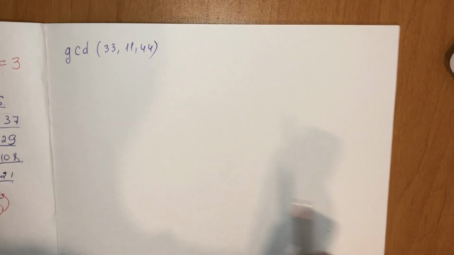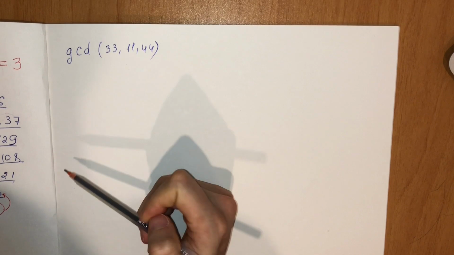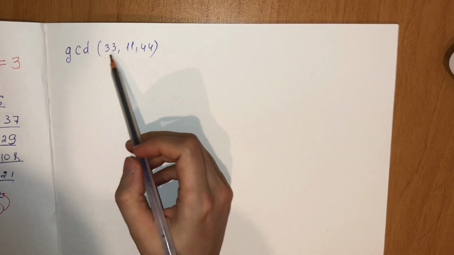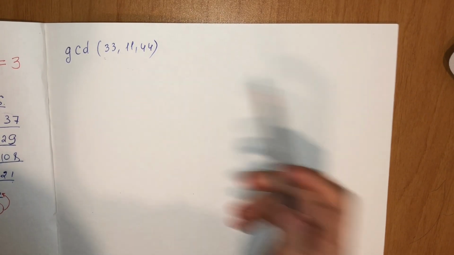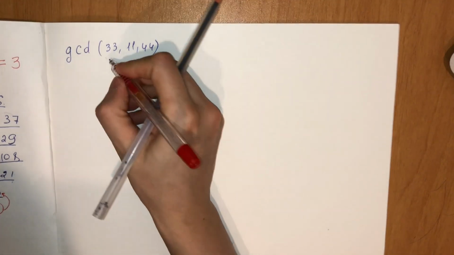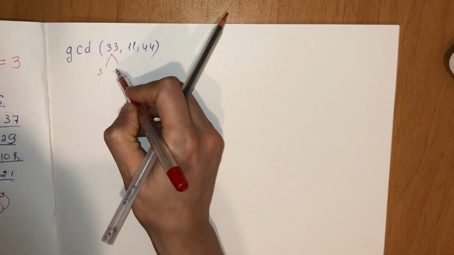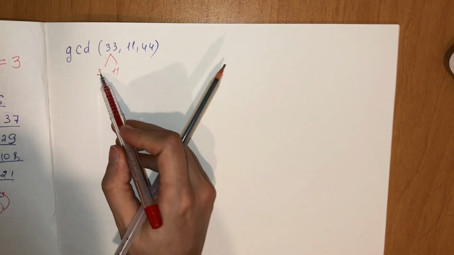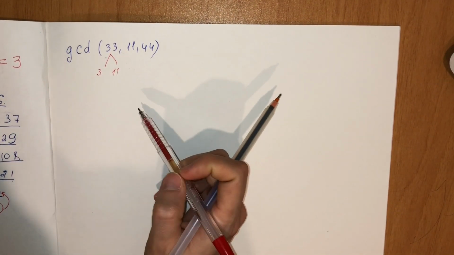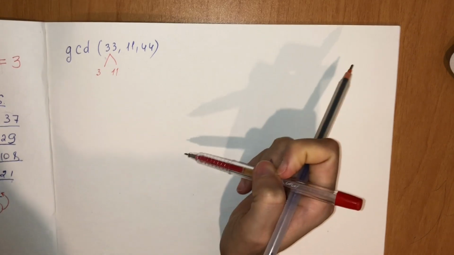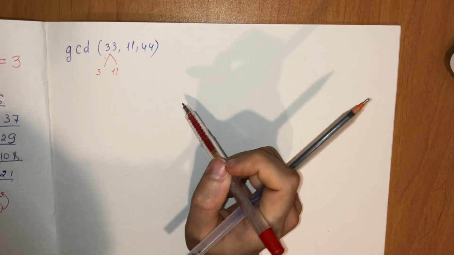Now let's find the greatest common divisor of 3 numbers. Firstly, we should do the prime factorization. What is prime factorization? All the factors should be prime numbers. What are prime numbers?